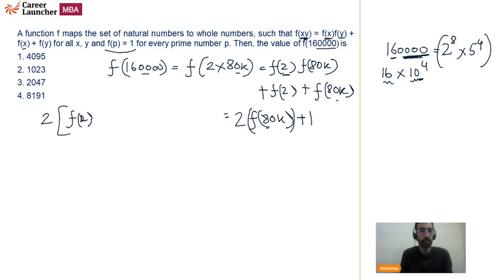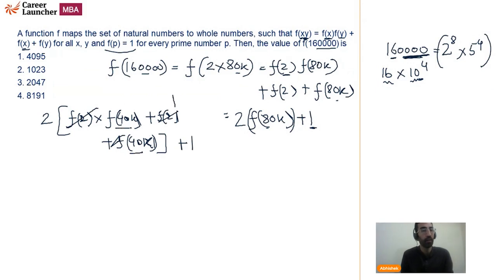I'm going to write this again once fully, but I hope you catch the pattern here. Otherwise, you'll keep writing till eternity, essentially. This is f of 2 into f of 40,000 plus f of 2 plus f of 40,000. And of course, you had a plus 1 here. Now, f of 2 is 1. Ignore.